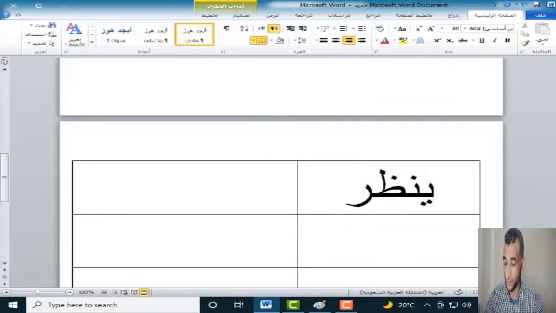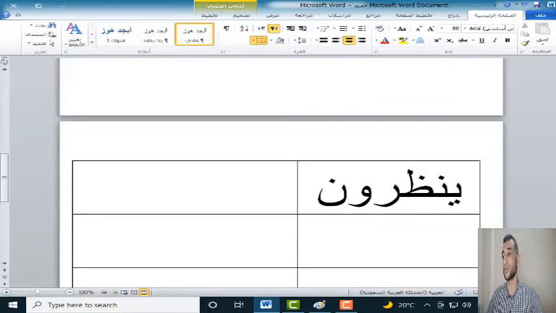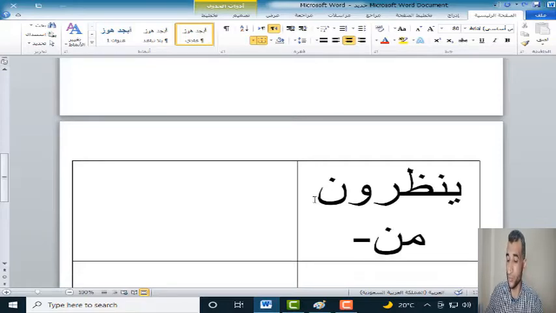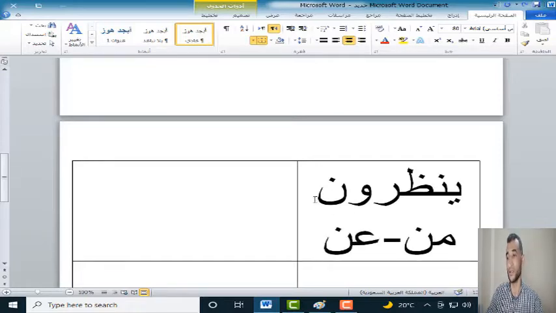Yanzurun, okay, it is equal, they look in the English language. Yanzurun, here the consonant nun is in the middle of the word. Okay, you can also see the consonant nun at the end of the word, like min or an.